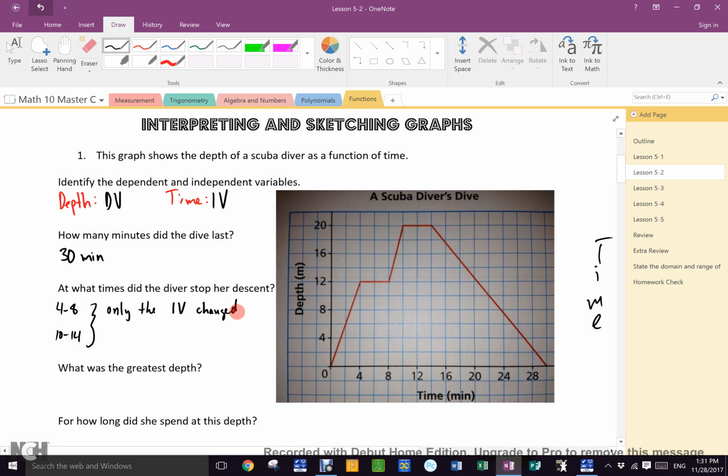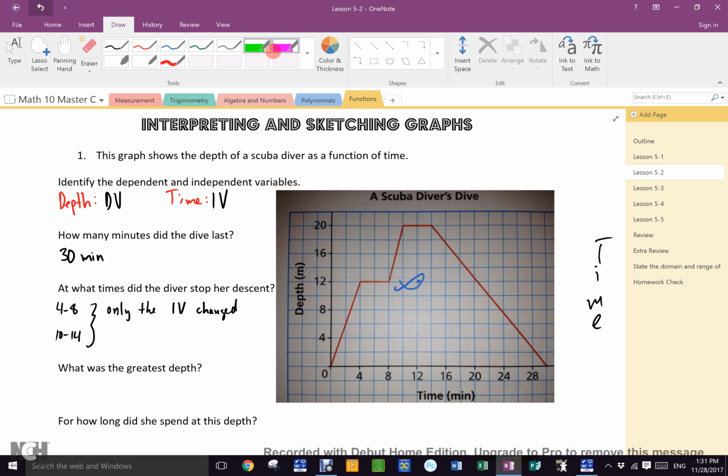Why did the IV continue to change? Why did the independent variable continue to change? Because it has to. It is independent of whatever she is doing under the water, isn't it? Right? Here, she found Dory.